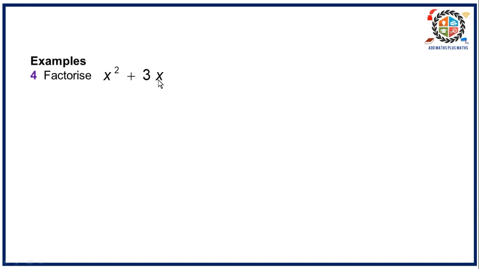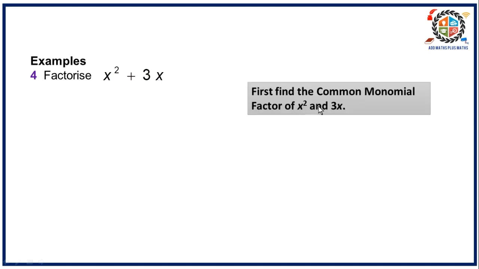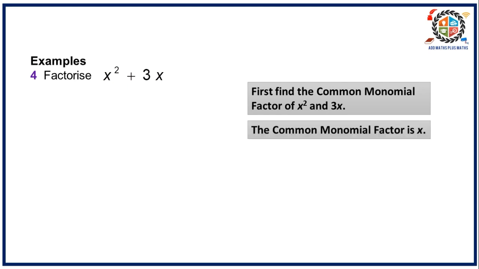So what is common to x squared and 3x? The common monomial factor over here is only 1 x. Again, only an x, because on the first term there are 2 x's, on the second term there's only 1 x. So the common monomial factor here is an x.